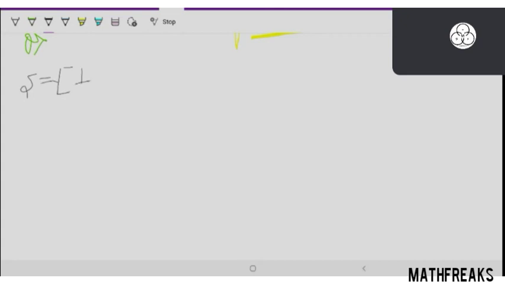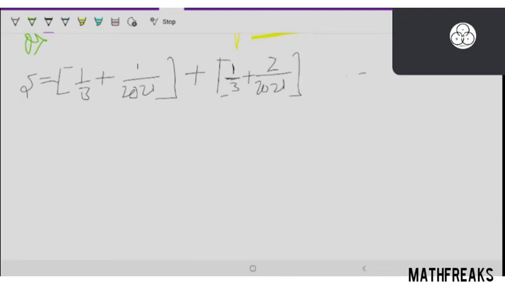Find the value of s equals to 1 by 3 plus 1 over 2021 plus 1 by 3 plus 2 over 2021 up to plus plus 6024 over 2021.